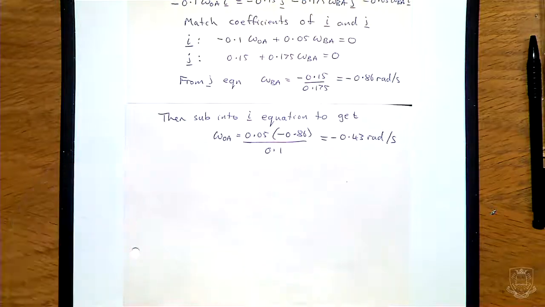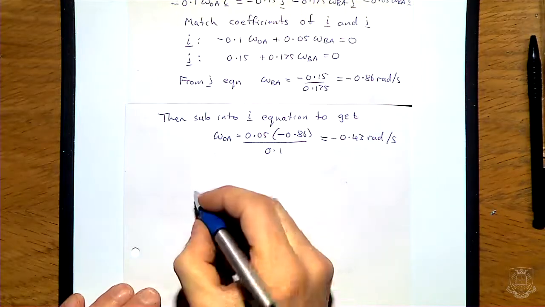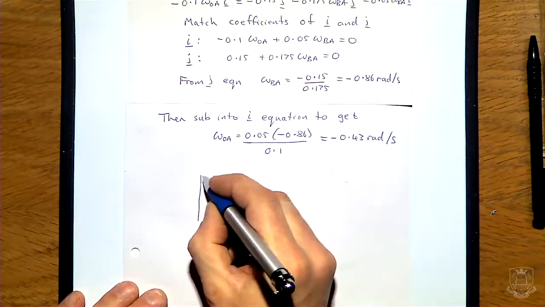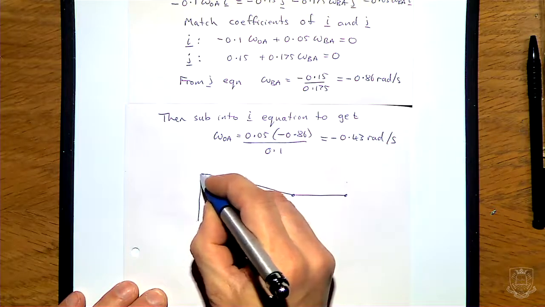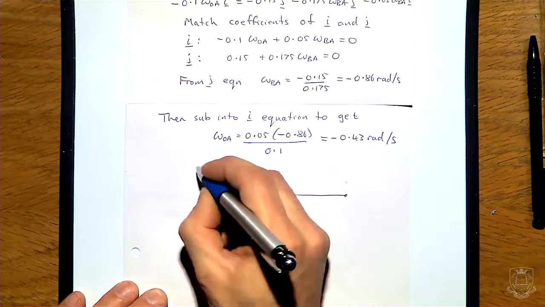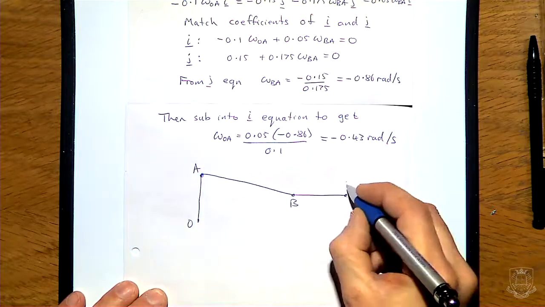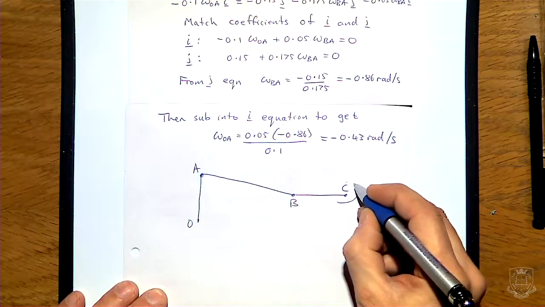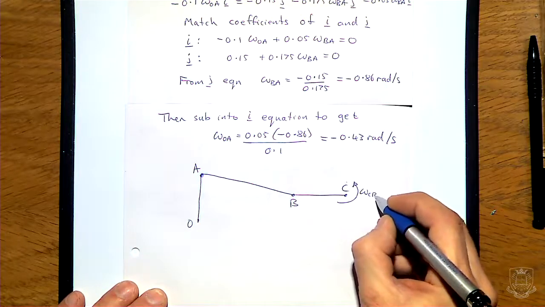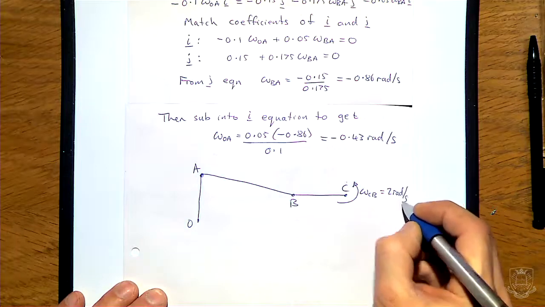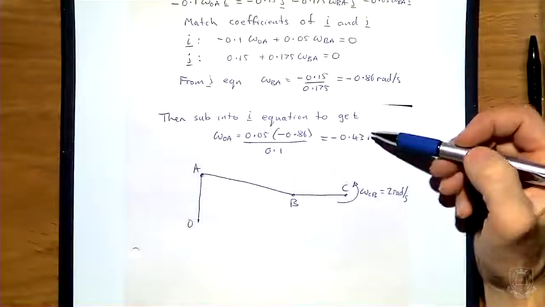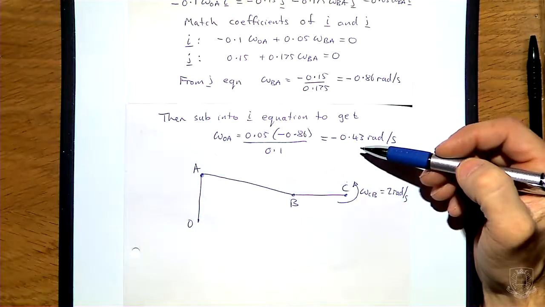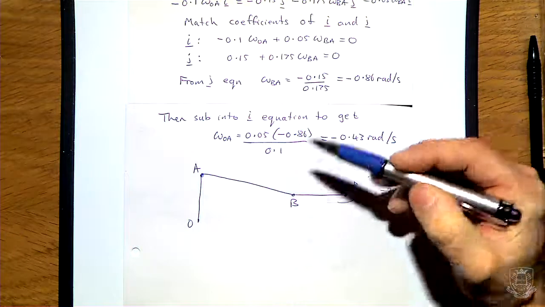So we've found what's happening. Let's just sketch out what that looks like. We've got this system like this. This is O, this is A, this is B, and this is C. And we started off with a rotation around C, which was 2 rads per second. And what we found is that we've got these other two rotations, and they're both negative in our coordinate system, which means they rotate the other way.